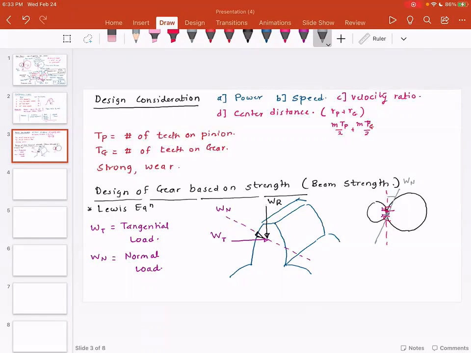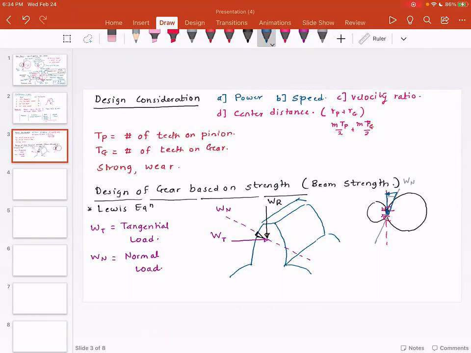If you look at Wn, this Wn force can be resolved into two components. One component is the tangential component, and the other is the radial component.